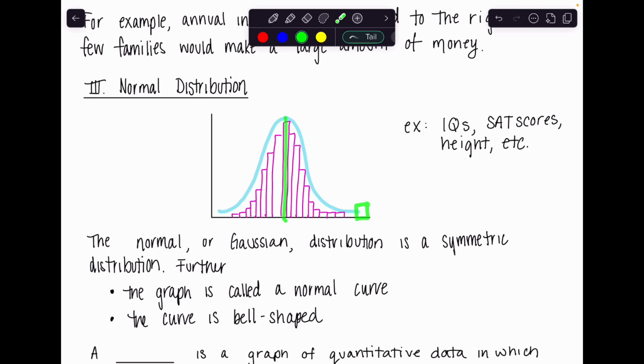But again, there are far fewer of them. And then there are far fewer that are lower than 4 feet. So it's a pretty symmetric distribution, okay? So a lot of data that we're going to work with is going to be this normal distribution. So we'll talk more in detail about this later on.